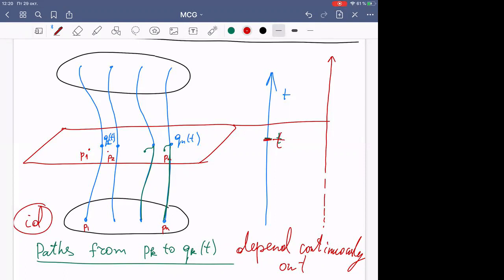We have these paths, which are isotopies on points P1, Pn. And we may extend these isotopies to homeomorphisms, to an isotopy of the whole disk. Oh, sorry. And this is again a surjection. I'm sorry.